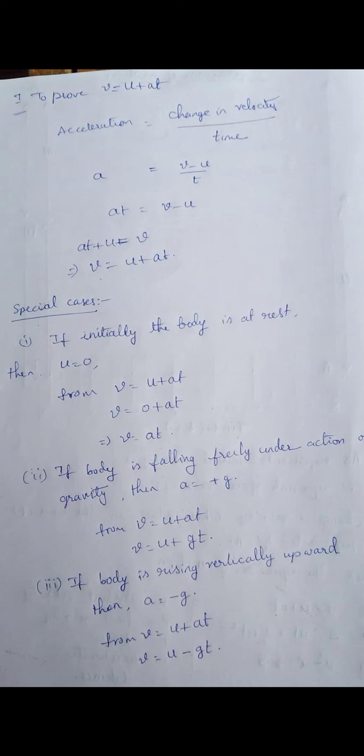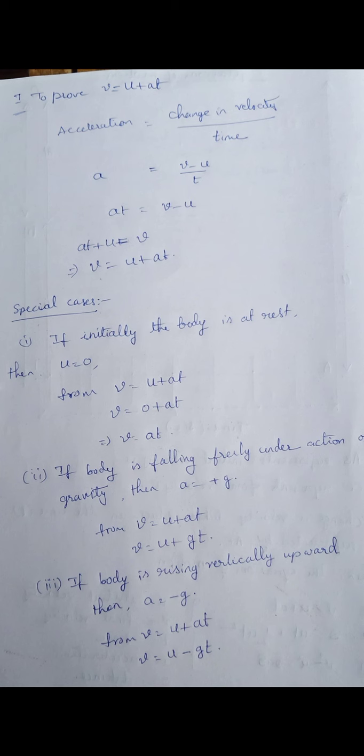How to prove the first equation, v is equal to u plus at? We know the definition of acceleration is change in velocity by time. From the figure, you can see that acceleration is represented by a, and change in velocity is from initial velocity u to v, then the difference in the velocity is v minus u by t.